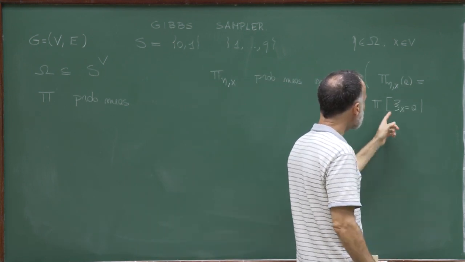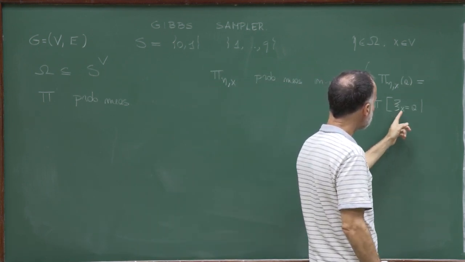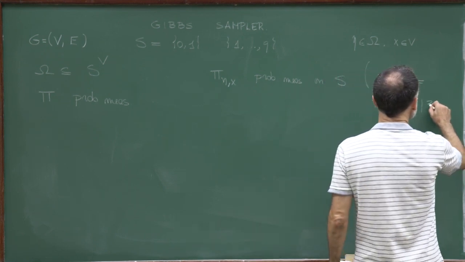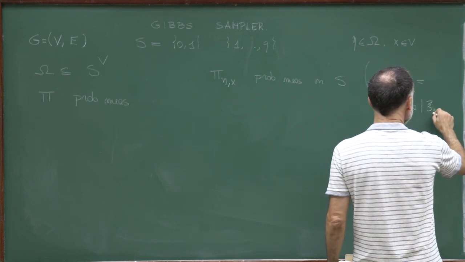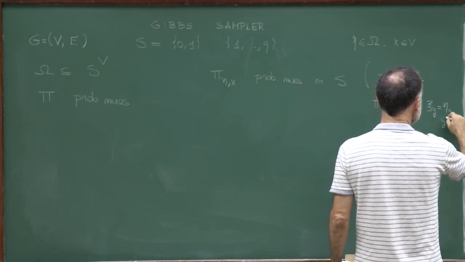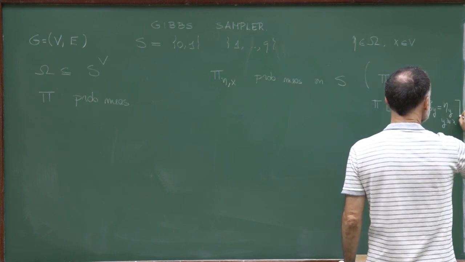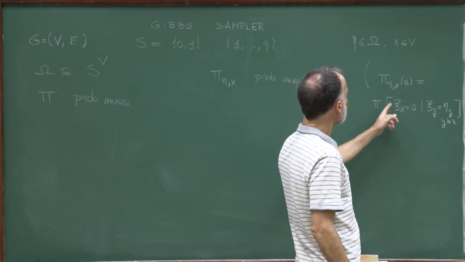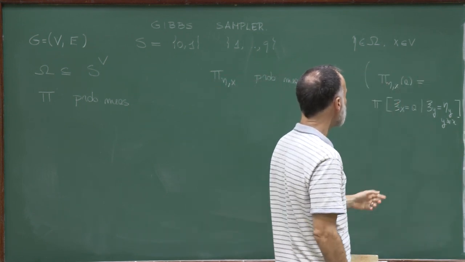Well, this is the probability that I have a configuration psi whose value at x is equal to A, given that the value of psi at y is equal to eta y for y different from x. So this is the definition of this probability.